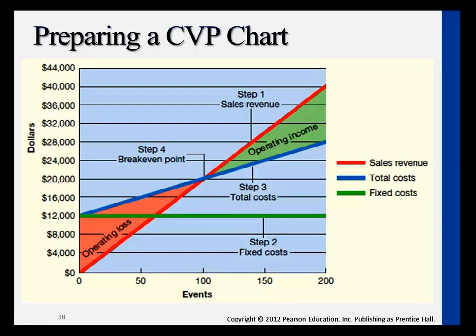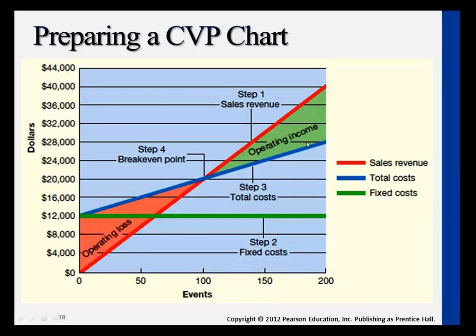Does it make sense? If you forget how this looks, just picture it and make an example. At 50 events, my sales revenue is just over 8,000, but my total costs are at 16,000, right? So it's an operating loss.